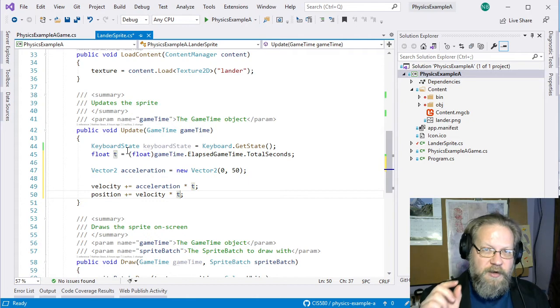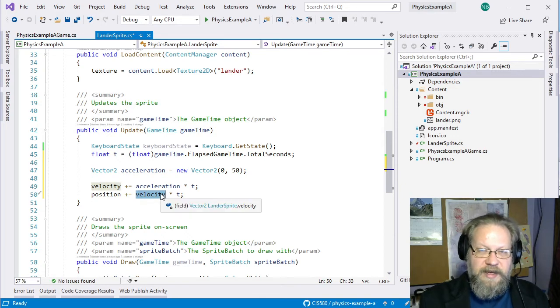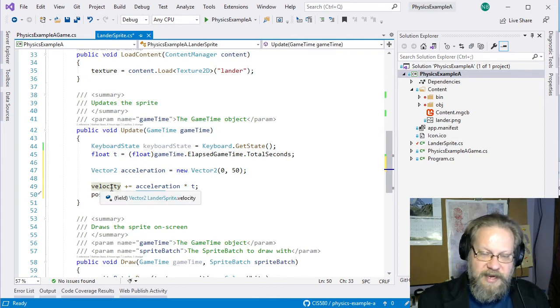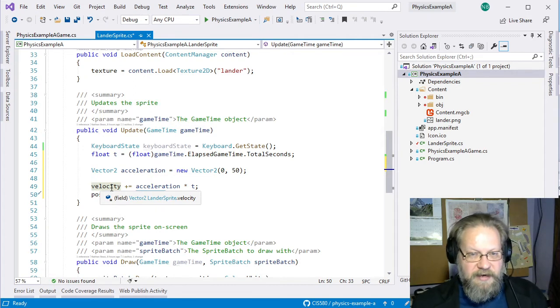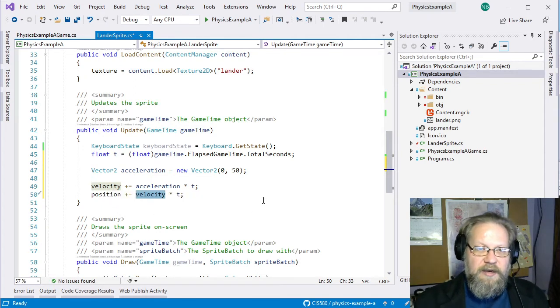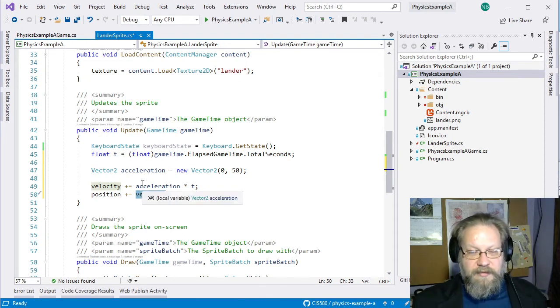So in that very small segment of time, we can treat this acceleration and this velocity as though they were constant values. So we can calculate their value at that moment in time and then apply it to the next value down. So we apply the acceleration for the amount of time to the velocity, and we apply the velocity over that time to the position. And that's really the heart of it.